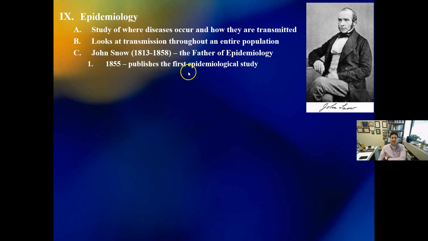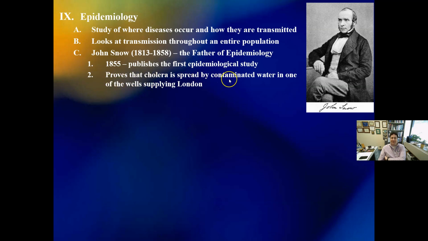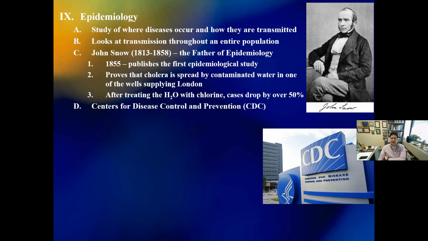He publishes the first epidemiological study where he proves that cholera is spread by contaminated water in one of 2 wells that were supplying London at the time. After treating that water with chlorine, cases dropped by over 50%. So he is considered the father of epidemiology.